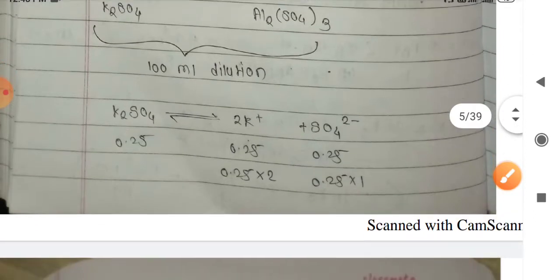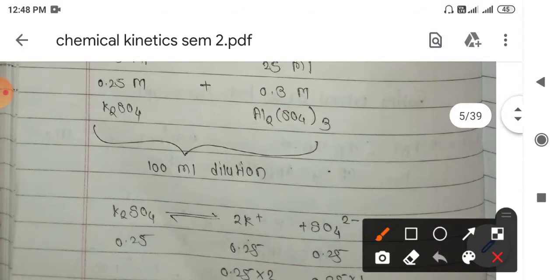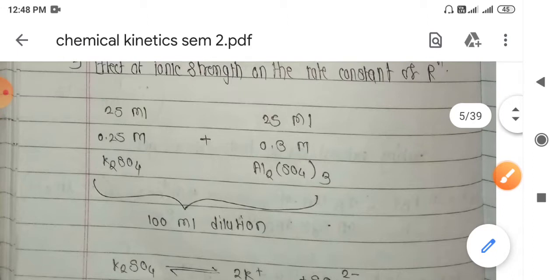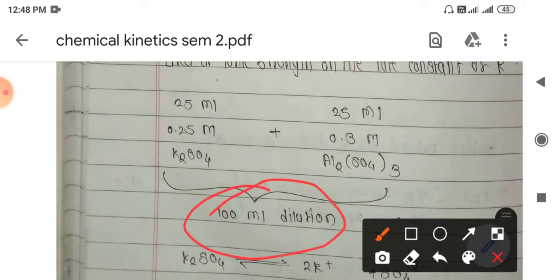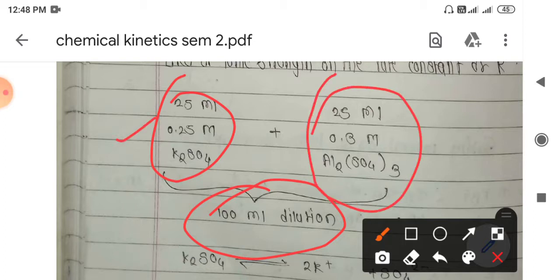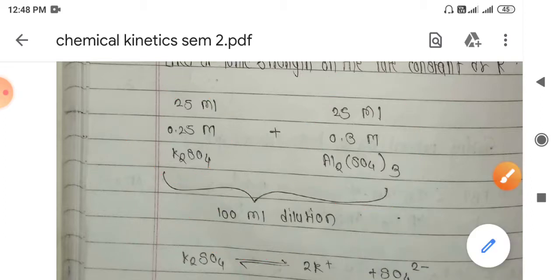For your practice you can try to solve this example: a 100 ml dilute solution made of 25 ml of 0.25 molar potassium sulfate and 25 ml of 0.3 molar aluminum sulfate. If you have solved this example in the previous semester, there is no problem solving it again here.